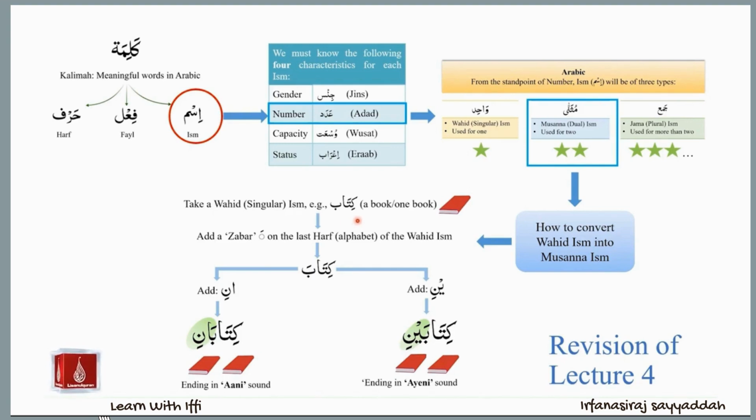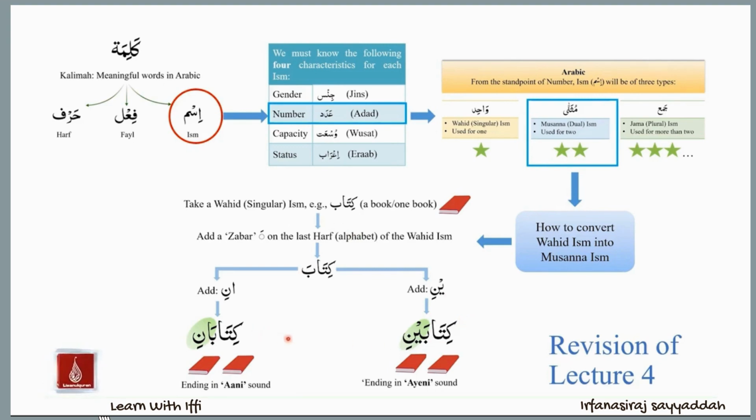We take the word kitab, add a zabar to the last harf, followed by alif and noon zair to make kitabani, or we take kitab, add a zabar on the last alphabet, then add ya followed by noon zair to make kitabaini.